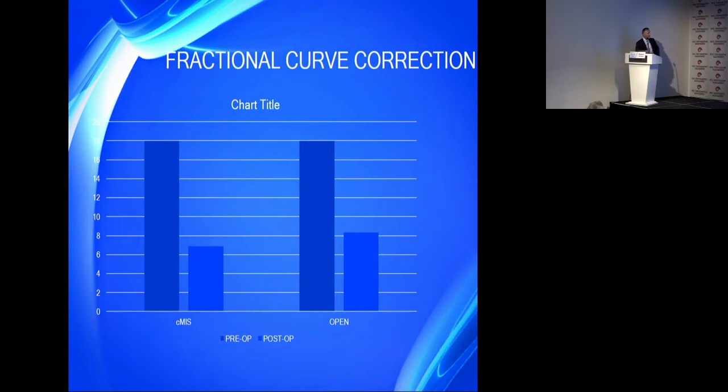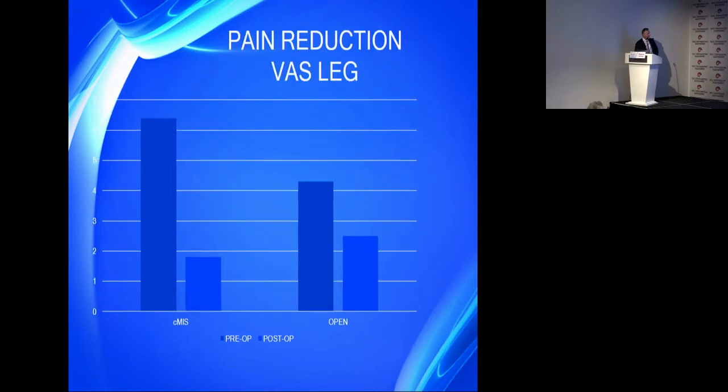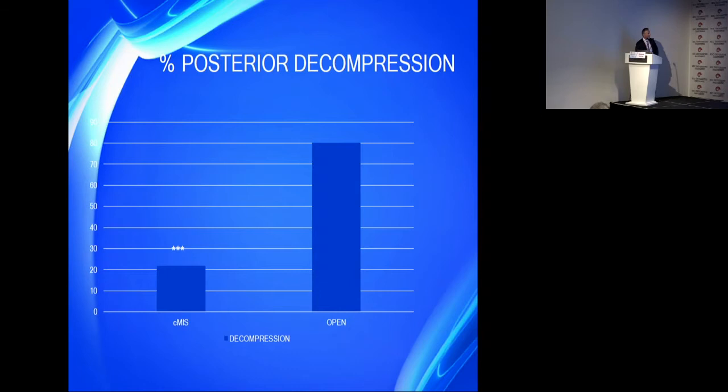What we found was that both of the techniques, whether it was minimally invasive or open, corrected the fractional curve very effectively. Interestingly enough, minimally invasive actually did it a little bit better than open surgery. In terms of pain reduction for visual analog score of the leg, minimally invasive significantly improved leg pain better than open surgery, and they both decreased back pain.